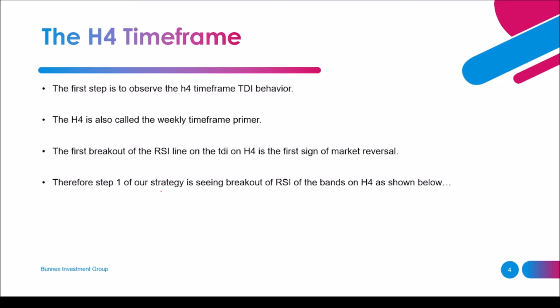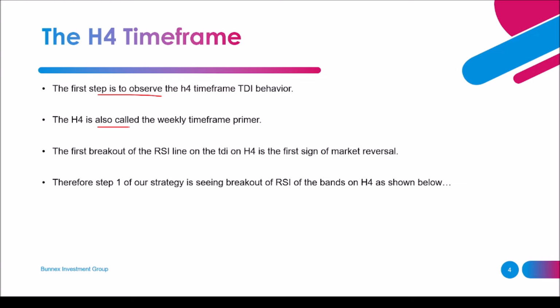The first one being the H4 time frame. So the first step is to observe the H4 time frame TDI behavior. The H4 is also called the weekly time frame primer, meaning that the demarcations on an MT4 or MT5 on the H4 time frame mark the weekly period.